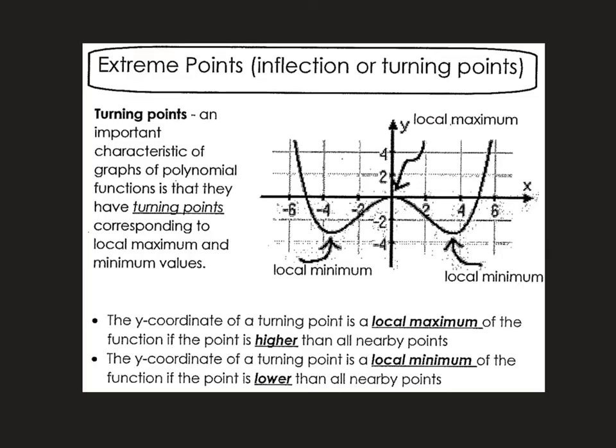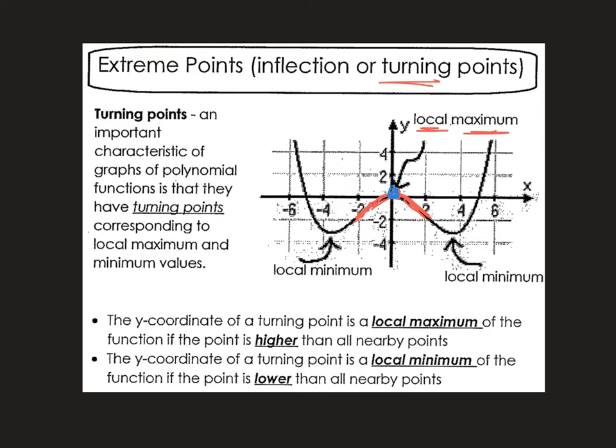As we approach the back end of this conversation, we want to discuss these inflection, these turning points, and what they create. So take this moment here. All the points on this side of that peak are lower, and all the points on this side of that peak are lower. At this moment, it is a local maximum. It's not the highest point of the entire function, but it is a high moment at that moment.